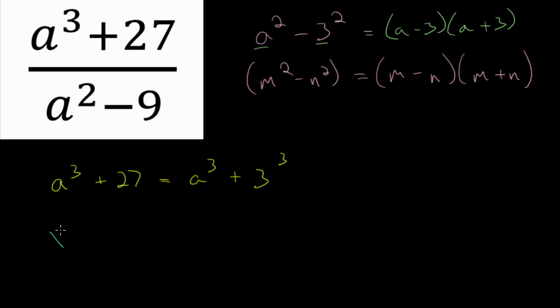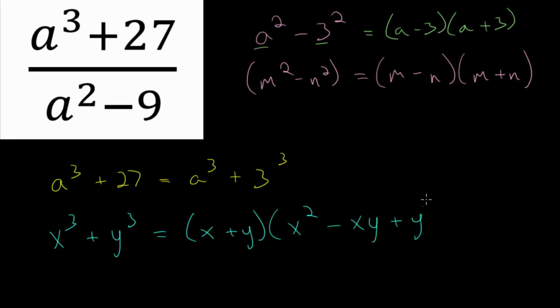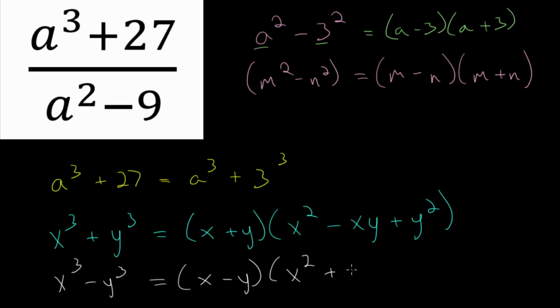If, let's say, we have x to the third plus y to the third, then this will factor into x plus y multiplied by x squared minus x times y plus y squared. And there's also a difference of two cubes, which looks like x cubed minus y cubed, and this would factor into x minus y multiplied by x squared plus xy plus y squared.